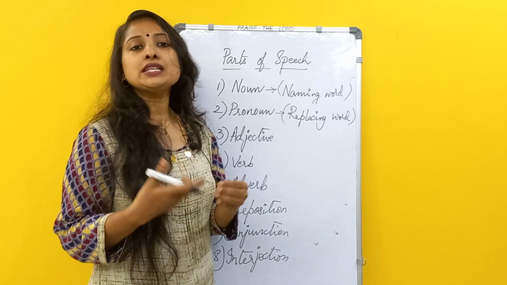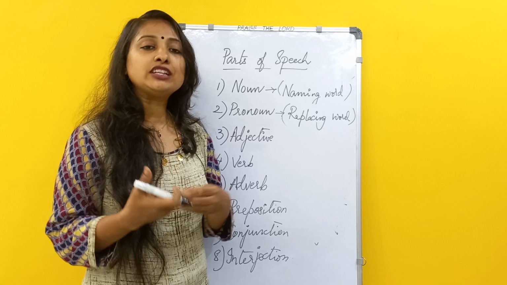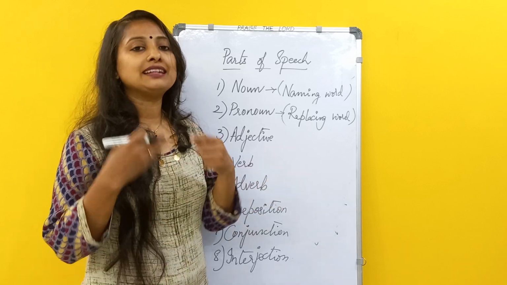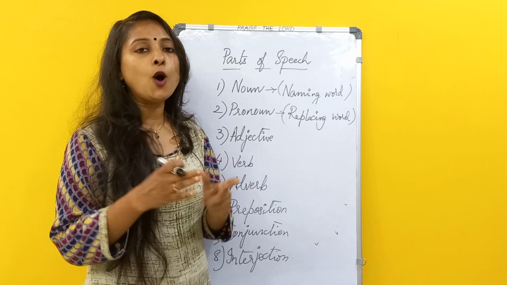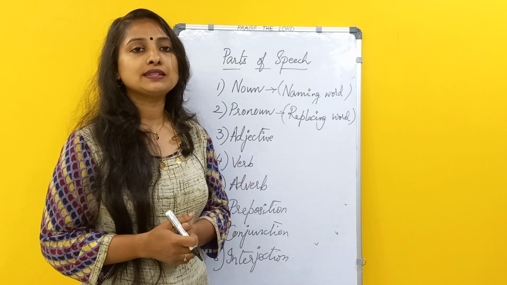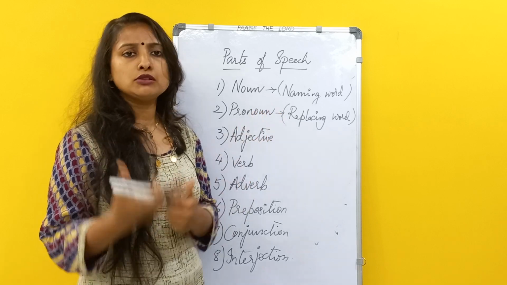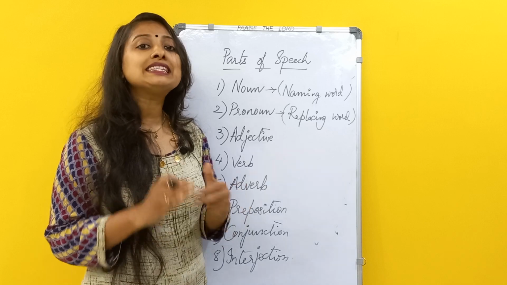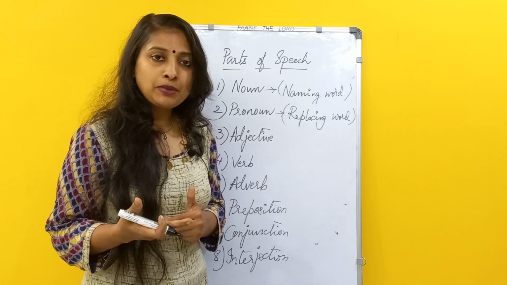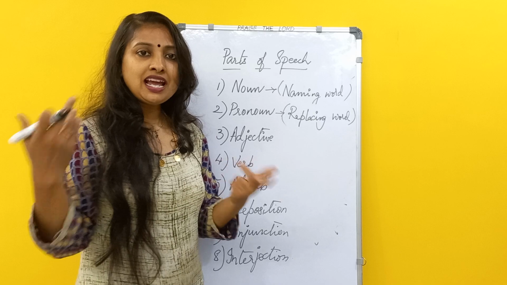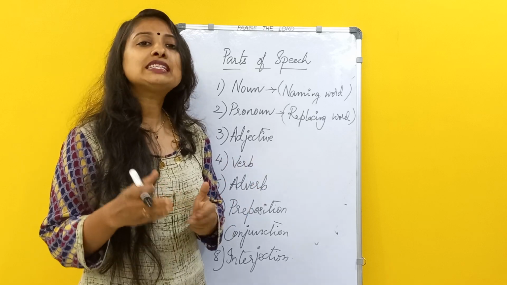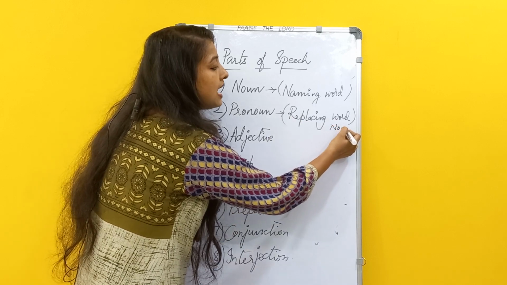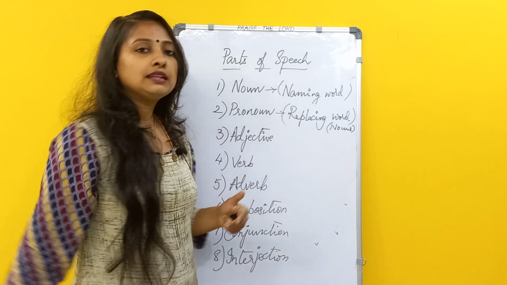Frequently, we won't be using nouns again and again when we talk in sentences. So we will be using this, that, he, she, it. All these are pronouns. We will discuss pronouns also in detail, but I am just giving you a basic idea. It replaces you, me and all. Right? So it is replacing nouns.